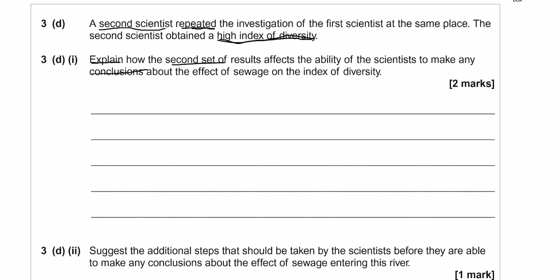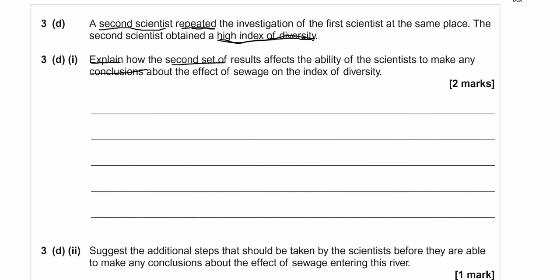Basically, it's suggesting that if they've repeated it, the results are not repeatable. They might be unreliable, or they contradict, or they're different, or they don't agree with each other's measurements, and therefore, quite simply, you can't make a conclusion. They can't make any conclusions from that experiment.